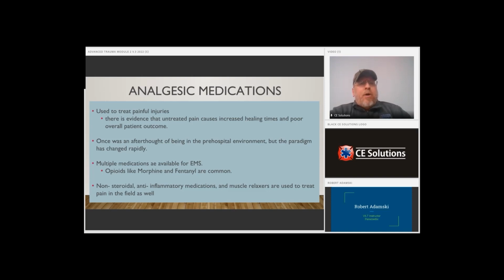So for example, 2 common categories of analgesics we're dealing with are our opioids. Those are generally good for moderate to severe levels of pain. Examples would be morphine and fentanyl. In addition to that, we have prescription strength non-steroidal anti-inflammatory medications, which not only help reduce pain levels, but also reduce inflammation.